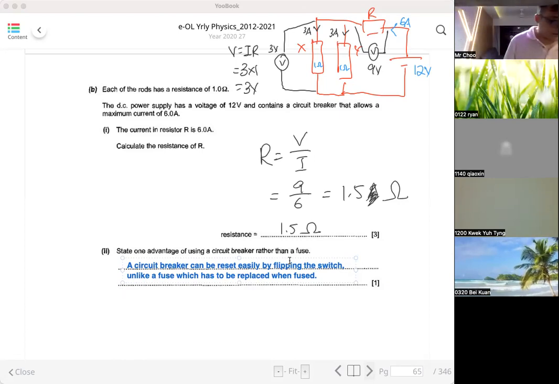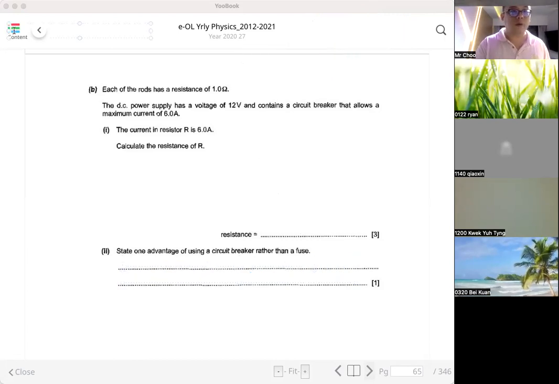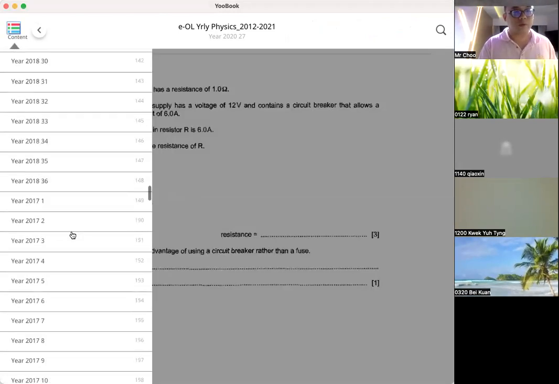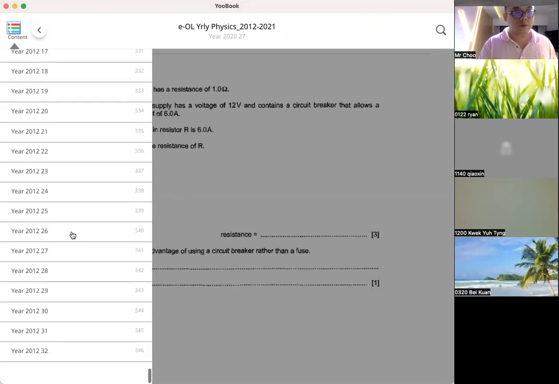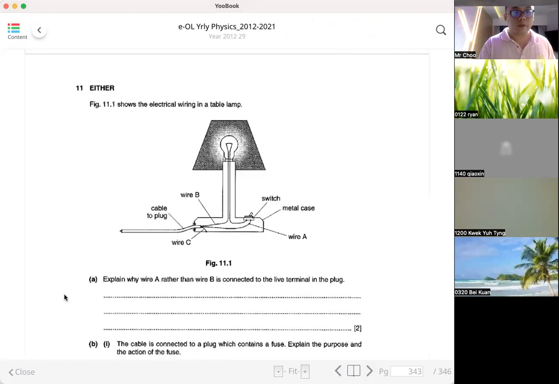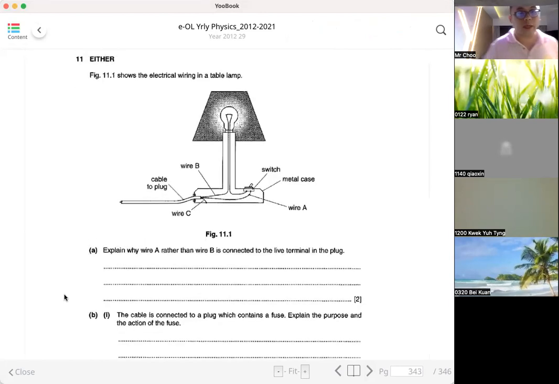All right, let me go through the next question. Okay, do question A and B1 first.